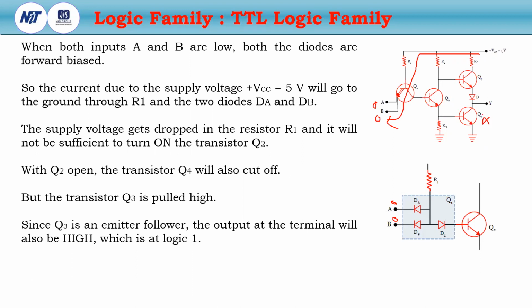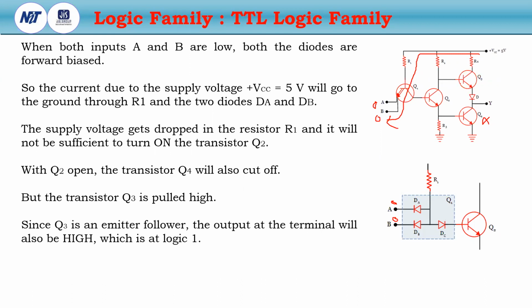So if Q4 is cut off, the current will be transferred through R4 because Q3 is turned on, because this voltage drop will drive the transistor Q3.